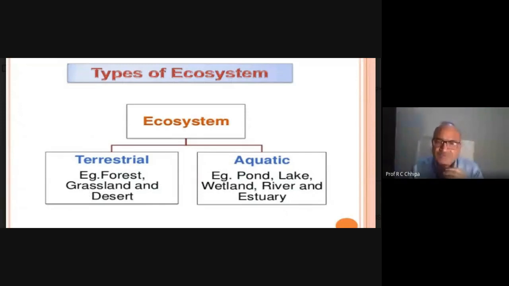Why artificial? Suppose the human population increases; population explosion occurs. Human needs are completed from the environment. How are human needs completed? Human beings need food.